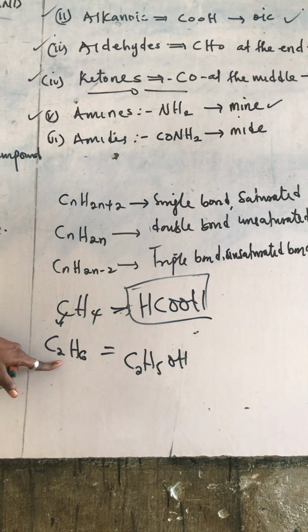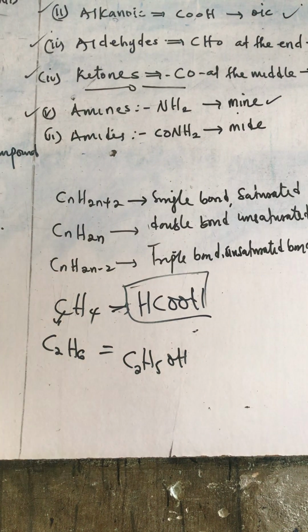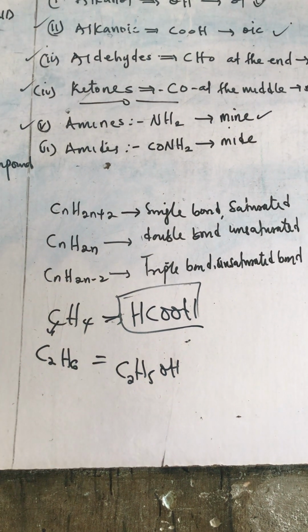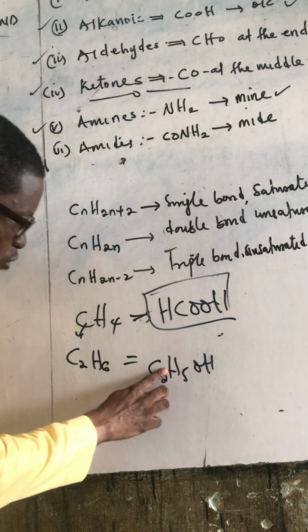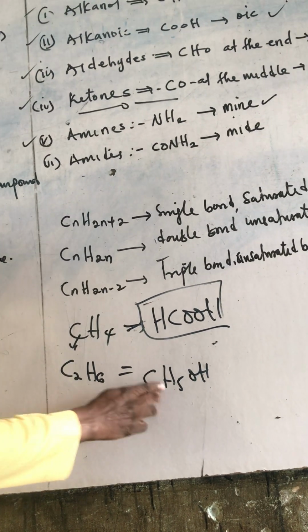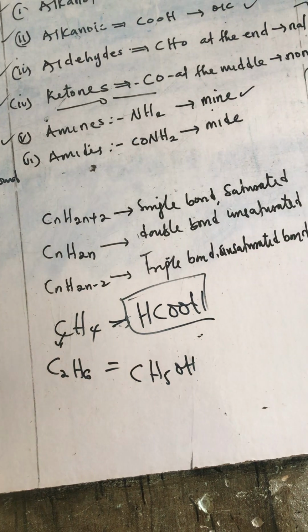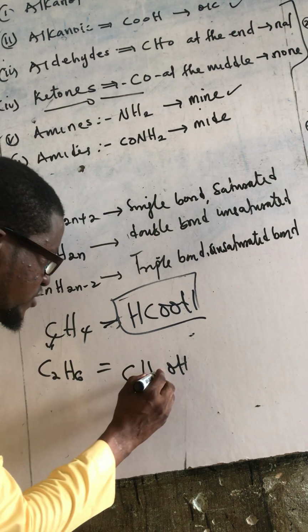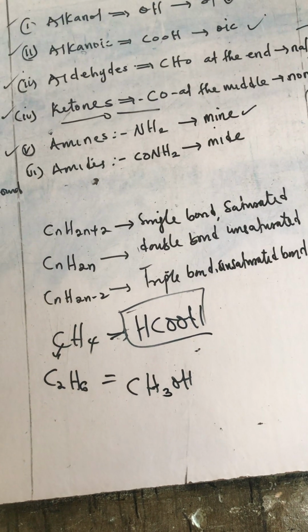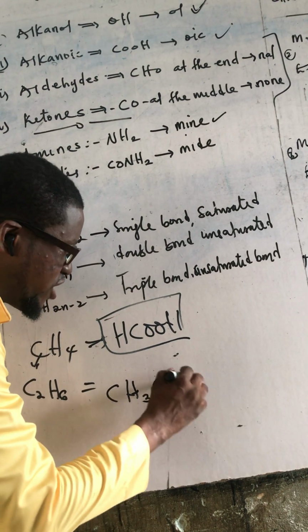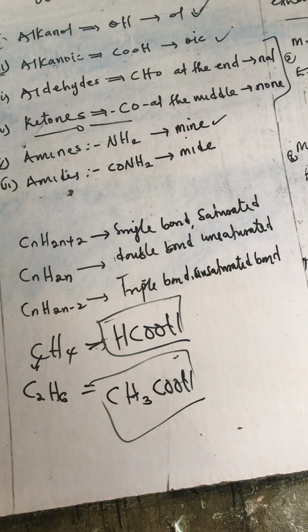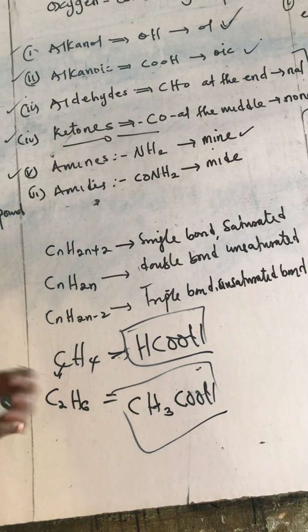Now let's go for ethanoic acid. We remove one C and have one C left. We remove 3 hydrogen and have 3 left. And we replace with what? COOH. What we have on the board is what? Ethanoic acid. Just as simple as that.